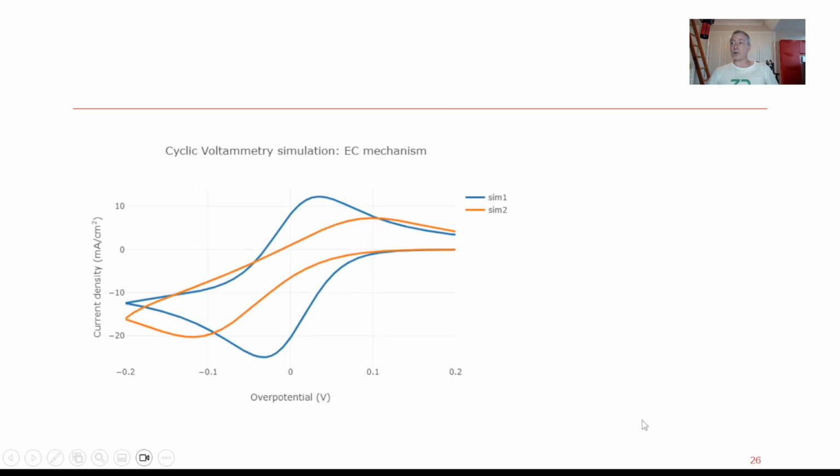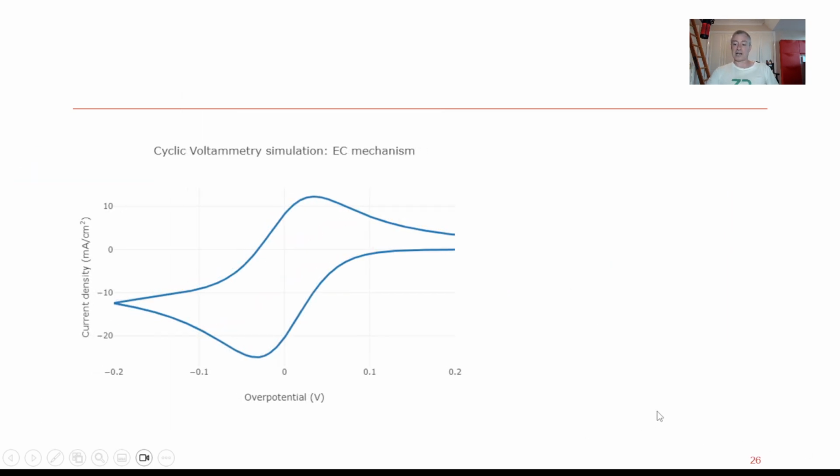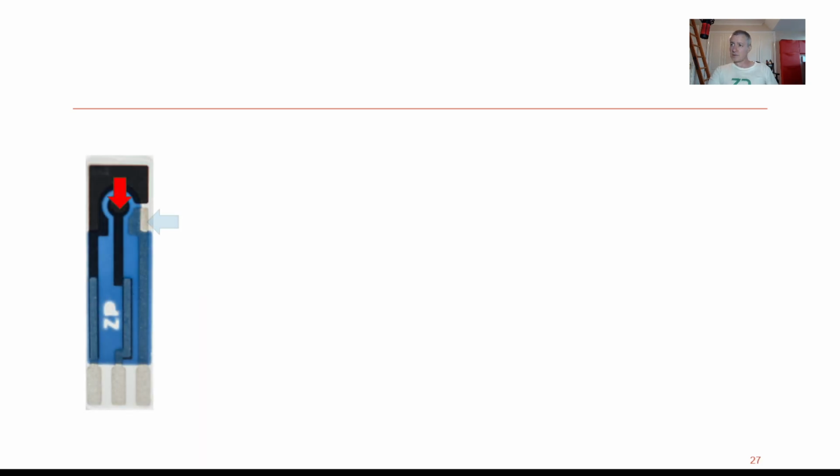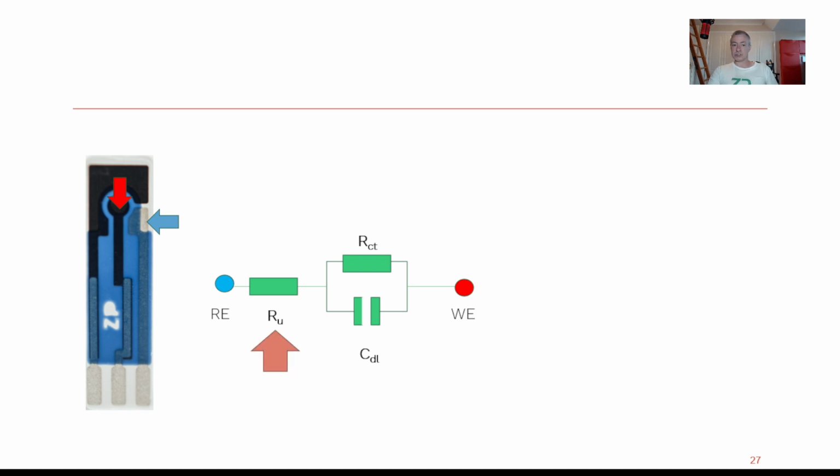But if you do have that problem, then you'll go from something that's quite classic to something that's a bit more distorted. So if you've got this, then you don't have an IR problem. If you've got something like this, then you possibly do have an IR drop problem. So just to do some back of the envelope calculations, you can use impedance spectroscopy to determine what that solution resistance actually is.